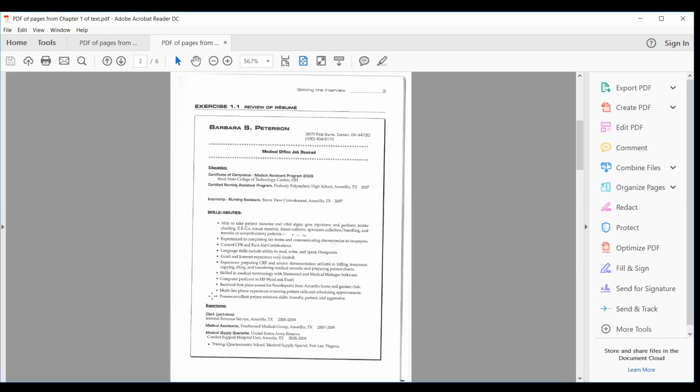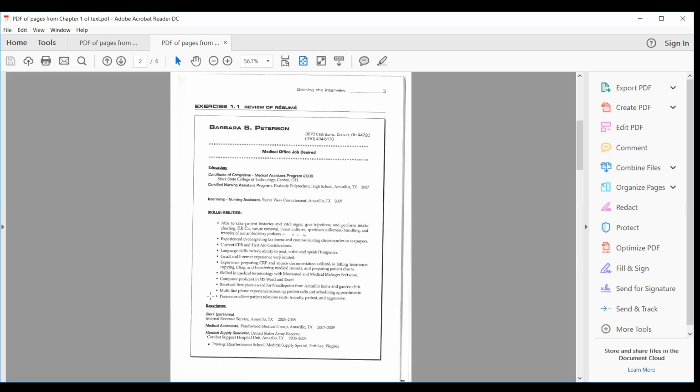Excellent patient skills, friendly, patient, and aggressive. I have no idea what aggressive means in this particular place, but I probably would not be including that. So there's a lot of things that you can make part of your work here.